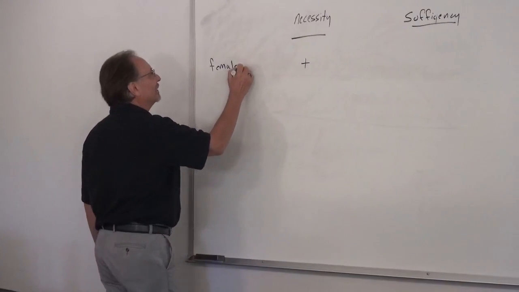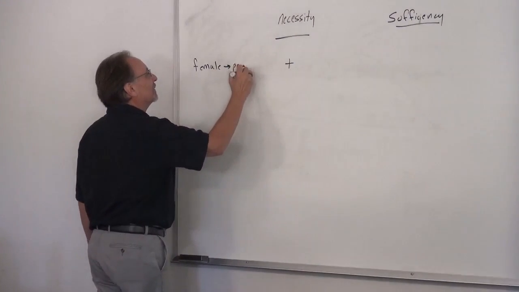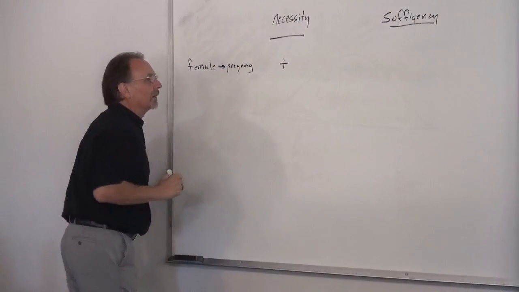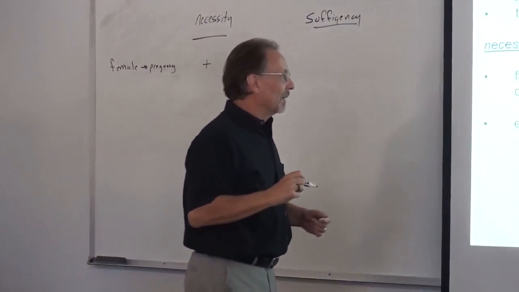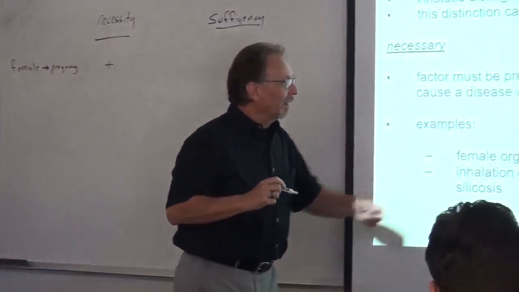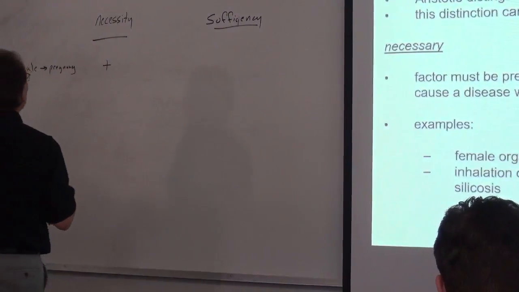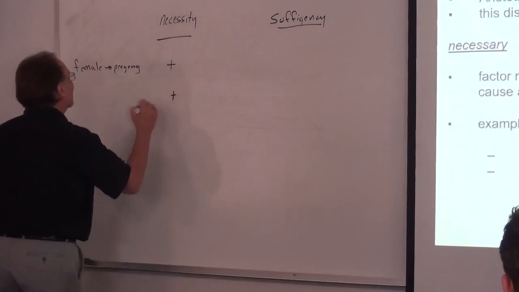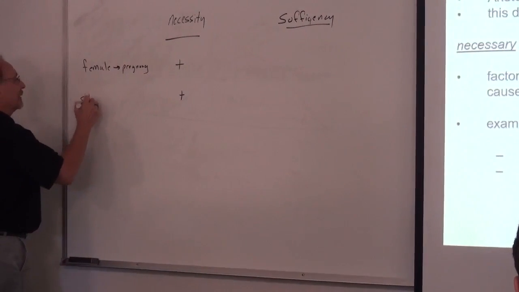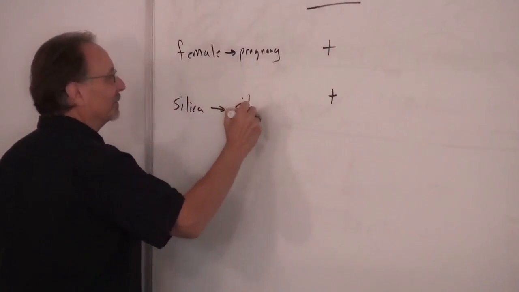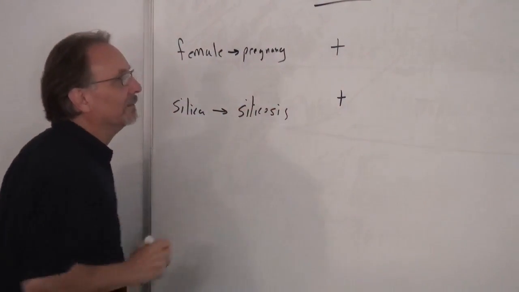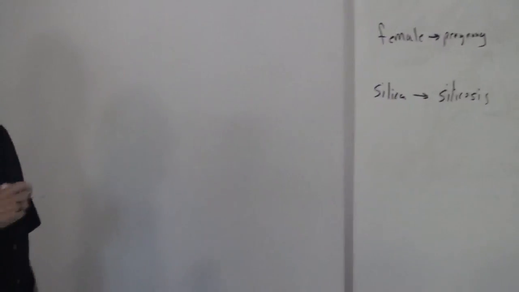So we'll say female, pregnancy. It's necessary. Inhalation of silica dust. So silica dust is necessary for silicosis. Okay. For now, we'll just say those are both necessary conditions. Okay.